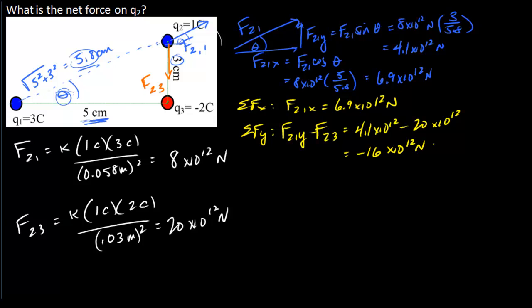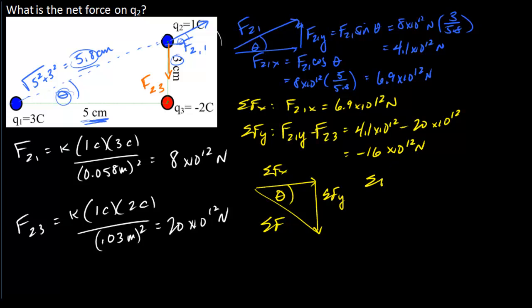So all we have to do now is put together our sum of the forces in each direction. So here's sum of the forces in the x, sum of the forces in the y. This one, to be consistent, should be a little bit bigger. So we want to find the total sum of the force on this and the angle it's acting at.